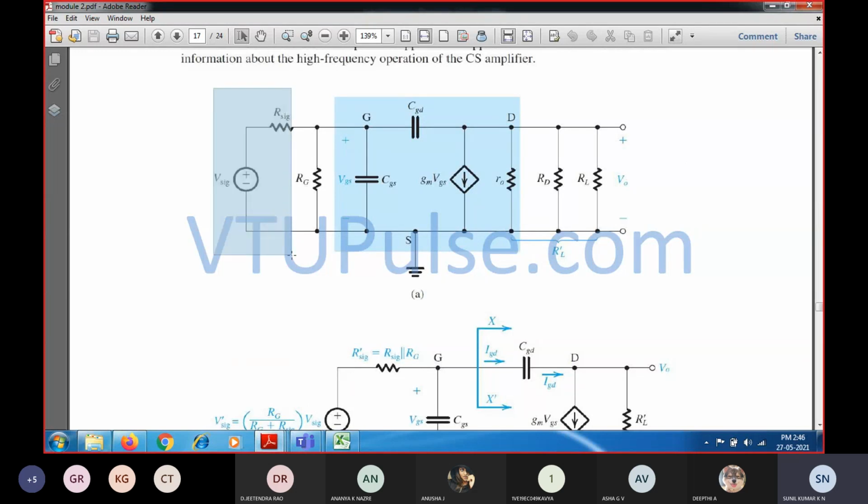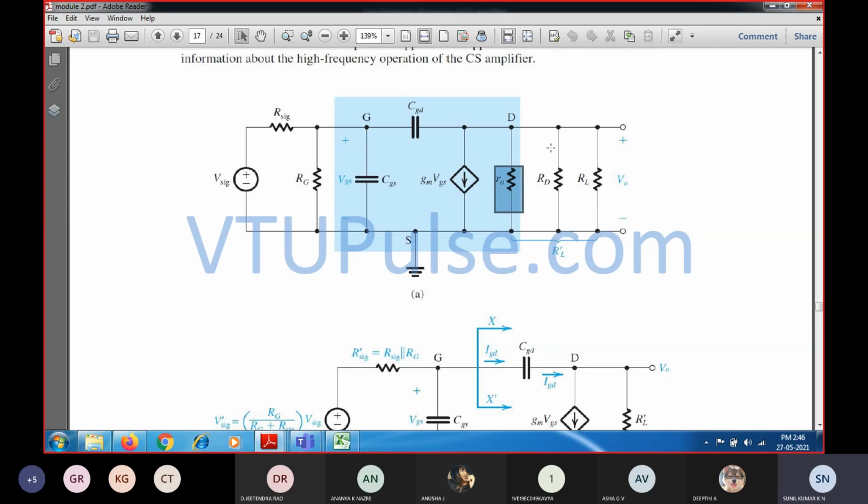So we will be having the signal source and input resistance, and this is the high frequency model of a common source amplifier, in which you are going to have two internal MOSFET capacitances, CGS and CGD, along with a constant current source and a finite amount of resistance.